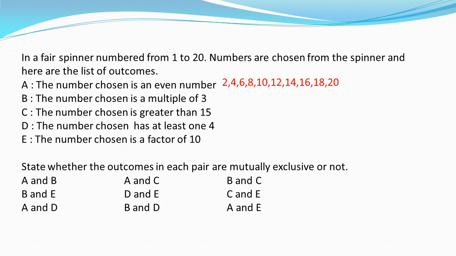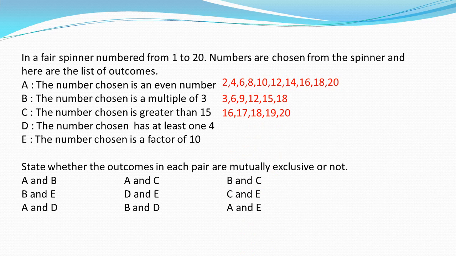Multiple of 3 means we can start multiplying 3 by 1, 3 by 2, 6, and so on. So the possible outcomes are 3, 6, 9, 12, 15, and 18. For C, the number chosen is greater than 15, so we start at 16 and above. The possible outcomes are 16, 17, 18, 19, 20.